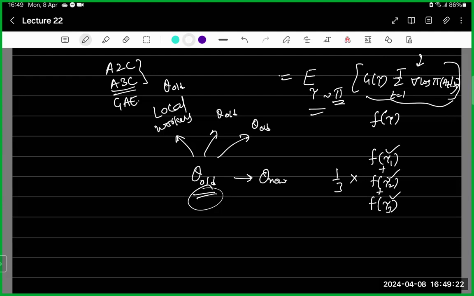The asynchronous version of this is whenever anyone finishes their work, they will give their result, and you just update your policy based on that. So as and when some worker finishes, you take the data and update it. Here there will be some issues, because let's say the first worker finished the work and gave you some information.